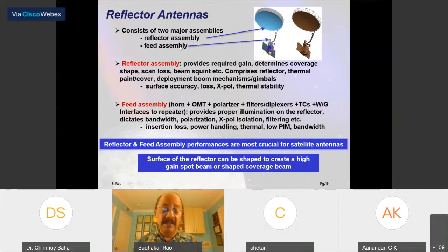And then there is a rigid waveguide and also a flex waveguide to take the feed to wherever the amplifiers are located. So what are the key parameters there? Reflector size dictates the gain.